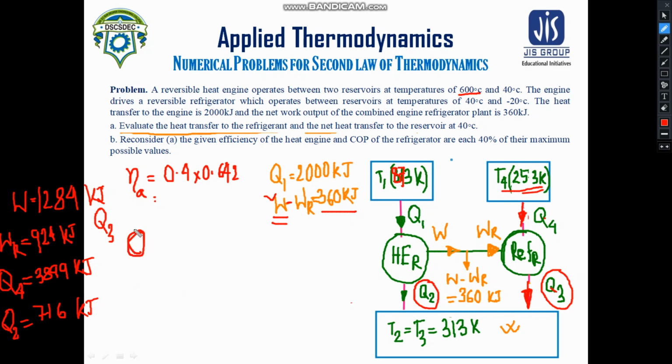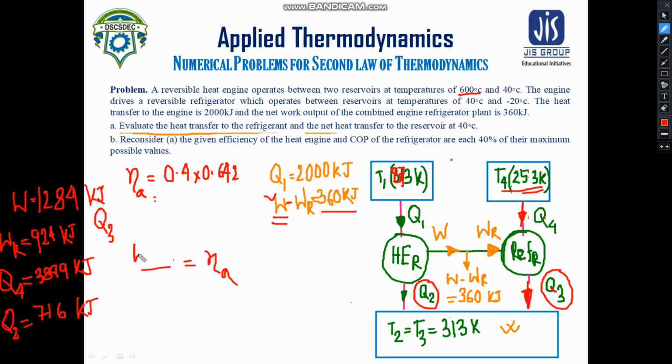You know that, sorry for my bad handwriting, Q1 divided by W is your efficiency. You can give an A to indicate the actual efficiencies. So Q1A divided by WA would be eta A, and I'm very sorry, I have mistakenly written the wrong formula.